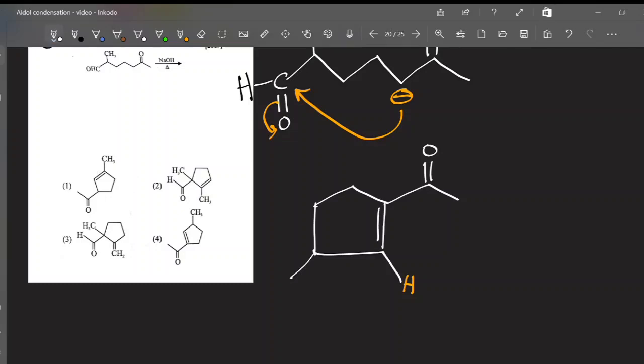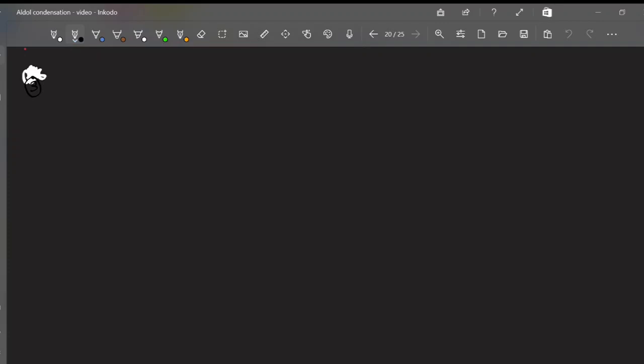So this hydrogen I am taking out, and this bond will be no more. So this is our product. Check where this structure is. If you look, the fourth option is the most suitable one for this. Hope it is clear. Let's move into the next question.